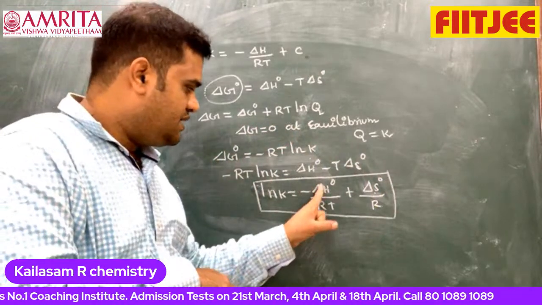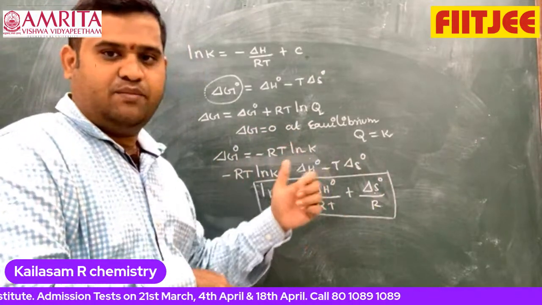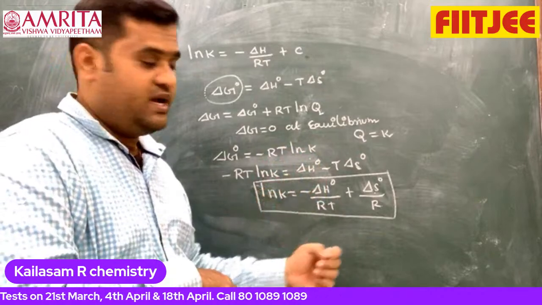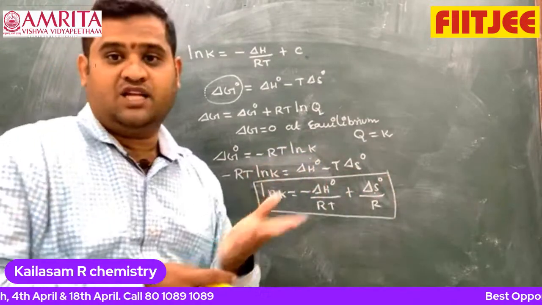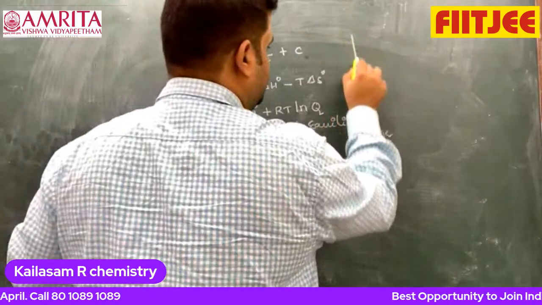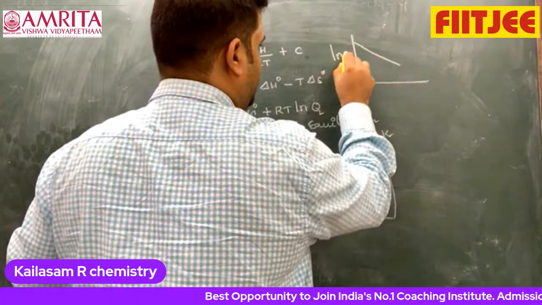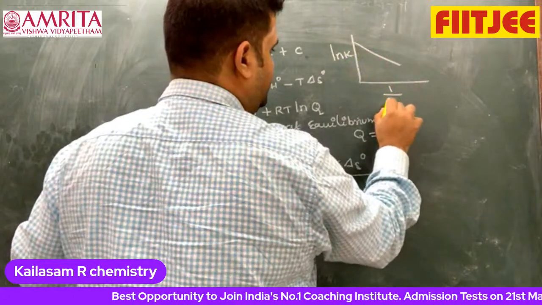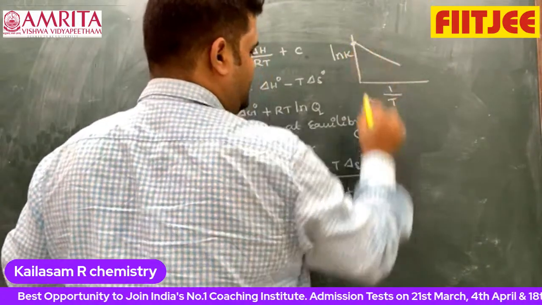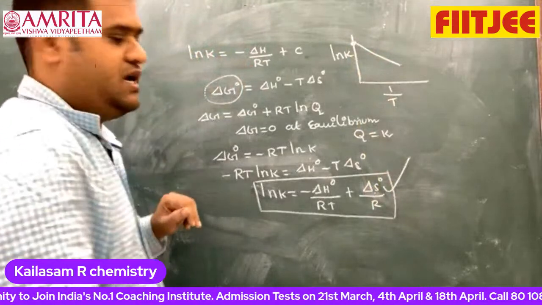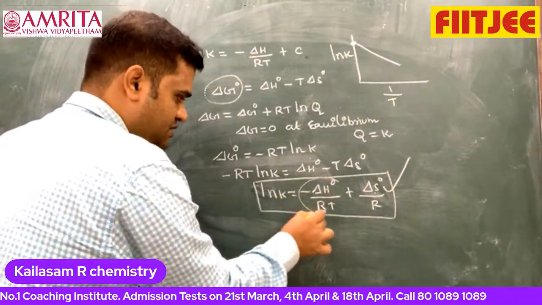The slope is minus delta H naught by R. That's the graph which I have. This is the graph of ln K versus 1 by T. The intercept is delta S naught by R, and the slope is minus delta H naught by R.